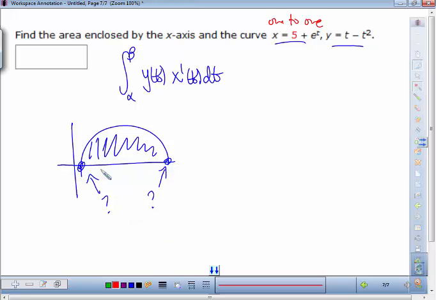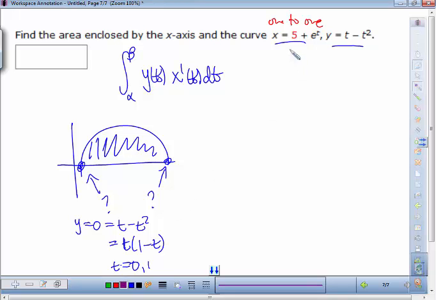What can you say about these values? Y is equal to 0. So let's let y equal to 0. And if we just factor, we get t is equal to 0 and t is equal to 1, right? Those look like they would be good limits for us, so they will end up being our limits, alpha and beta.